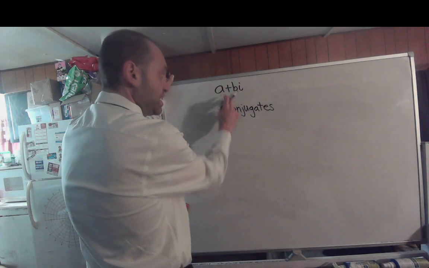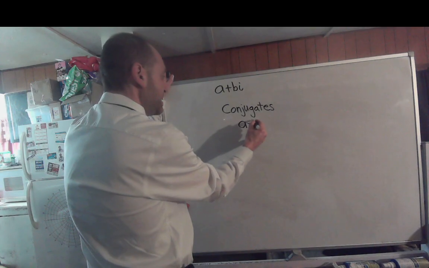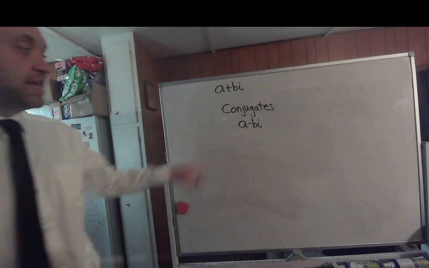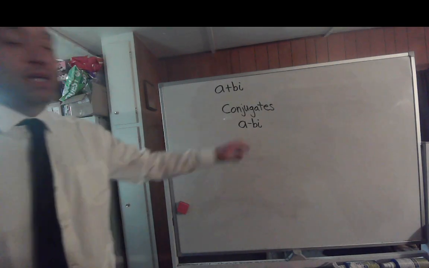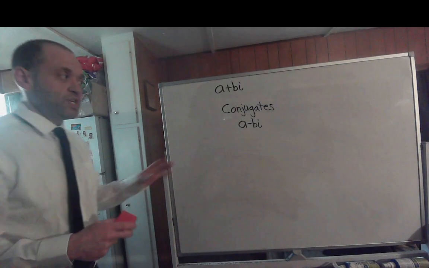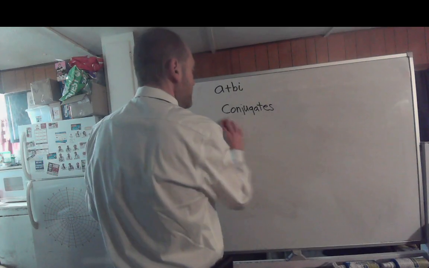So the conjugate of a plus bi is a minus bi. So you would take that a and then you would minus the bi. So when would you use the conjugate of a complex number? Whenever you're doing division.